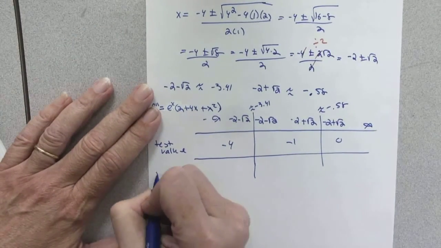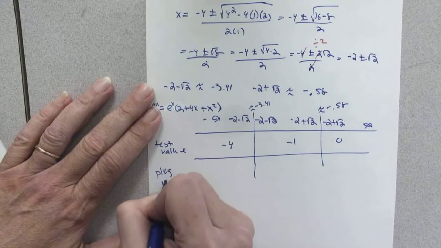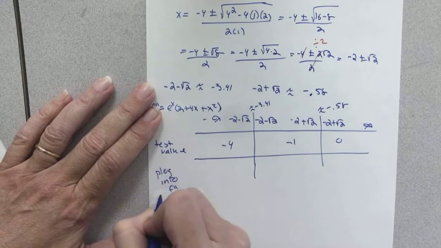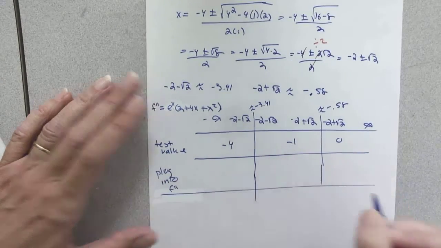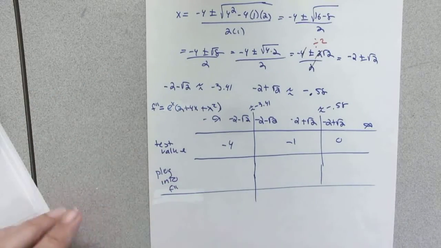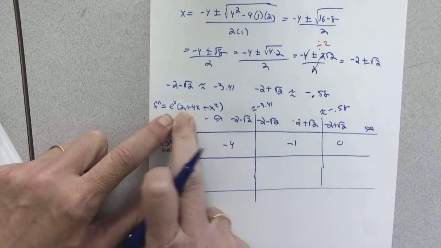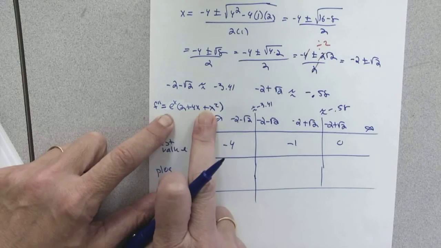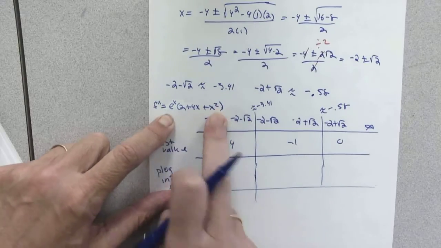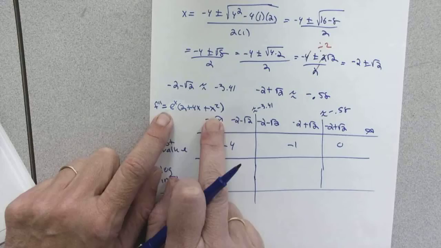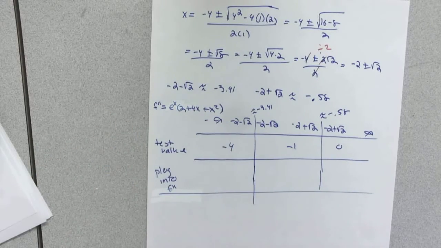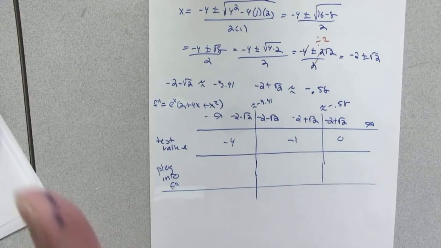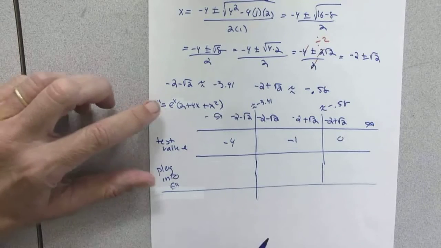So now when I go and plug into my second derivative, again, you have some choices here. You could take your -4 and plug it into the whole thing and see what value you get. Or you can go with the factored form and just do each part. That's what we're going to do: analyze what's going on.